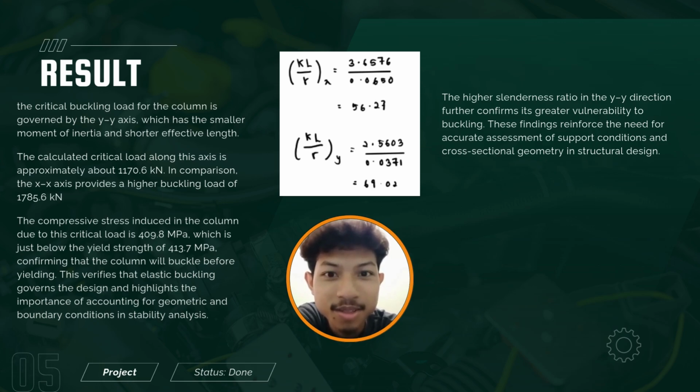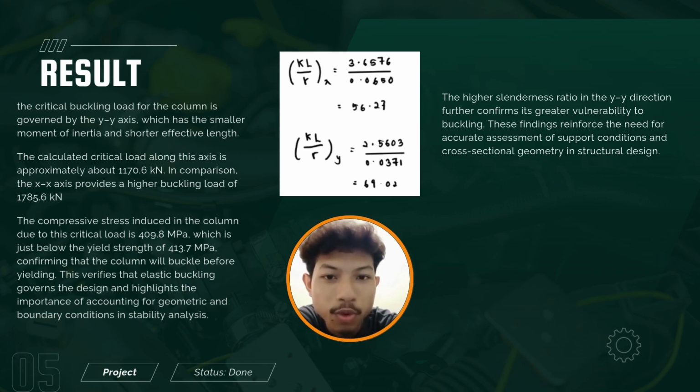Next, the result. From the calculation that we made, we can see that the critical buckling load for the column is governed by the y-axis, which has the smaller moment of inertia and shorter effective length.